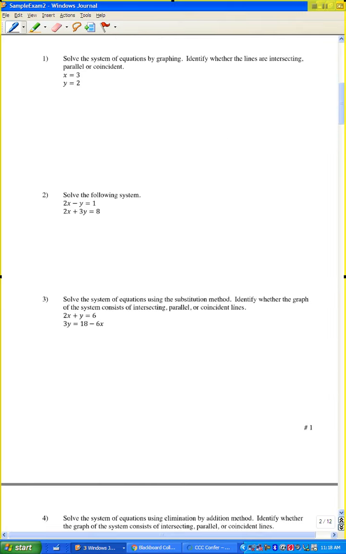Problem number one. Solve the system of equations by graphing. Identify whether the lines are intersecting, parallel, or coincident. So let's graph the line x equals 3. So 1, 2, 3.